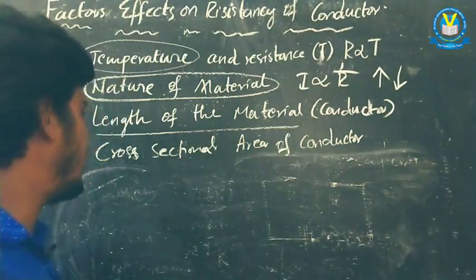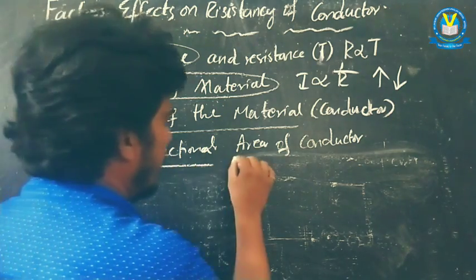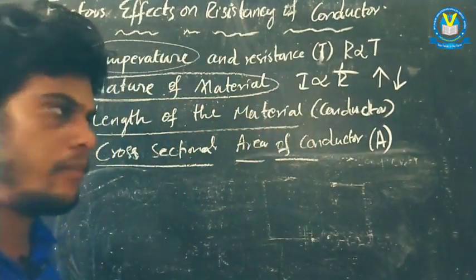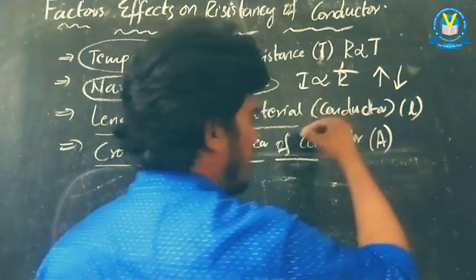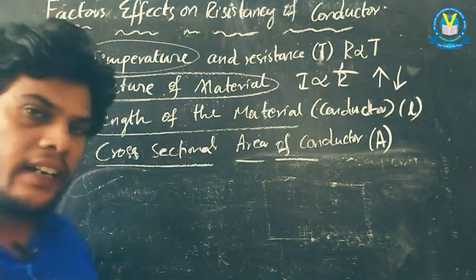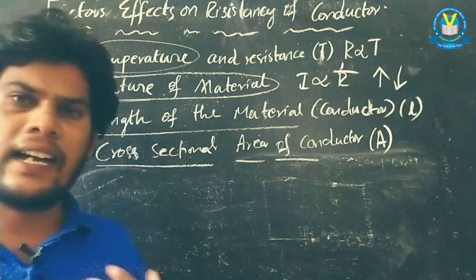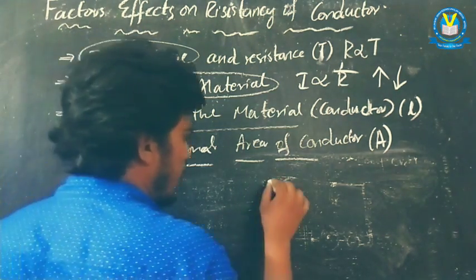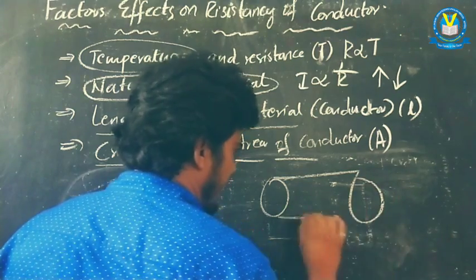Next factor is the cross-sectional area of the conductor. The resistance of any conductor depends upon its cross-sectional area. We know what cross-sectional area is. For example, it is a conductor.